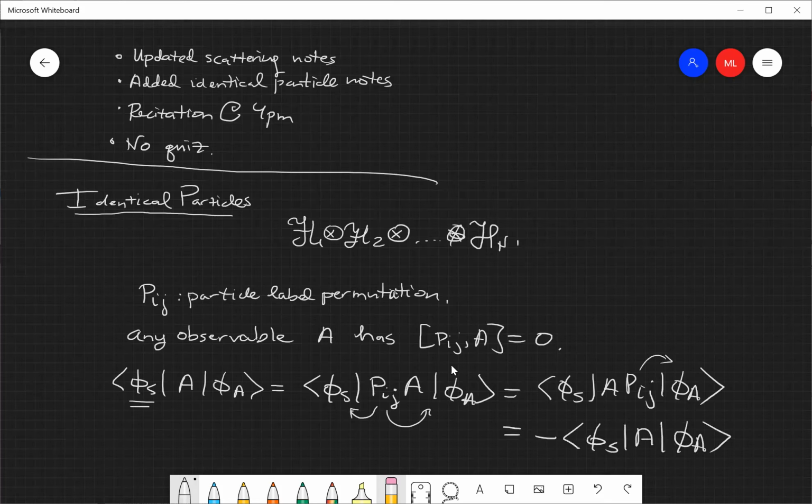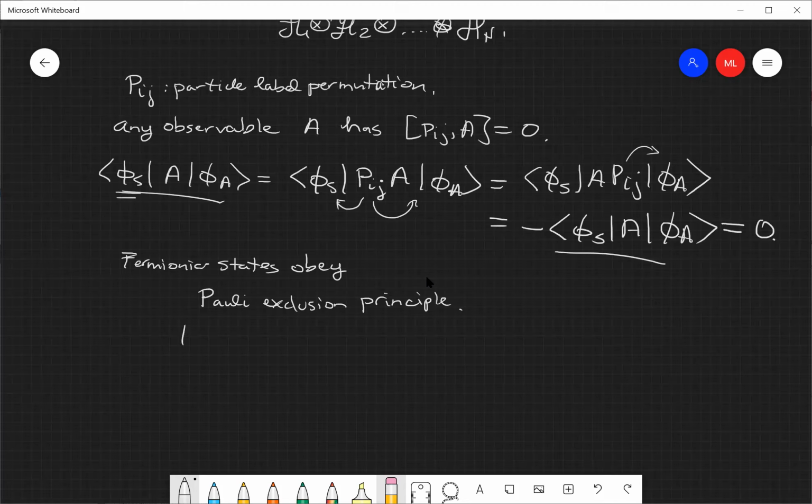We'll see the Pauli exclusion principle pop up in lots of ways, but the idea is if you have a state of two particles, say, and you label them A 1 and B 2, this is not a proper state, because it's not antisymmetric under particle exchange. If we exchange the labels, we get a different state. So we have to antisymmetrize these kinds of states.